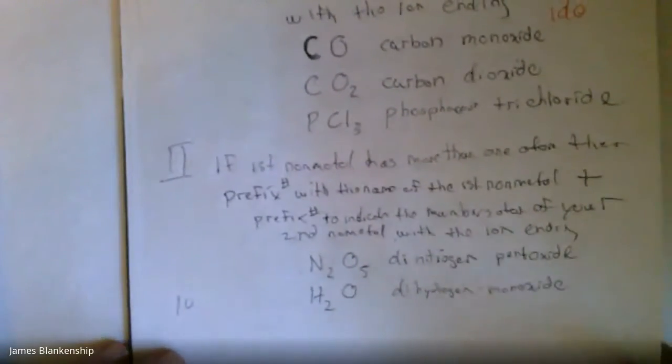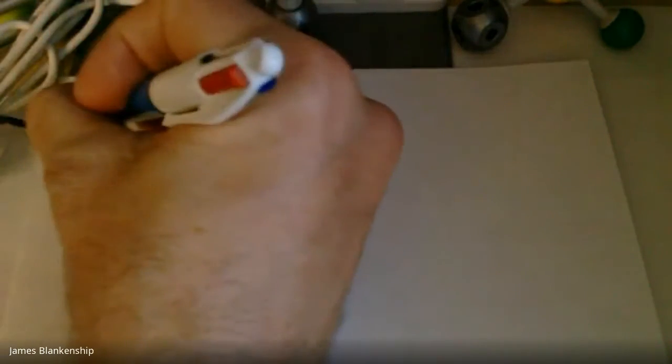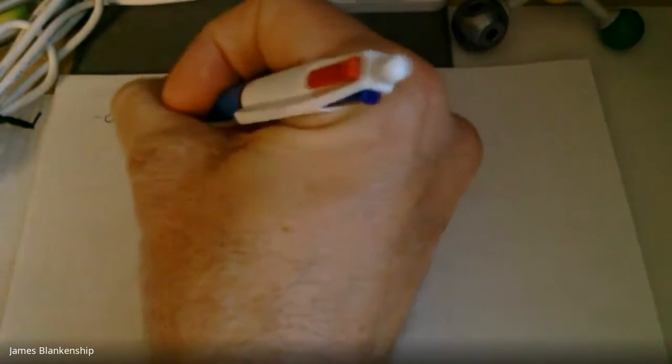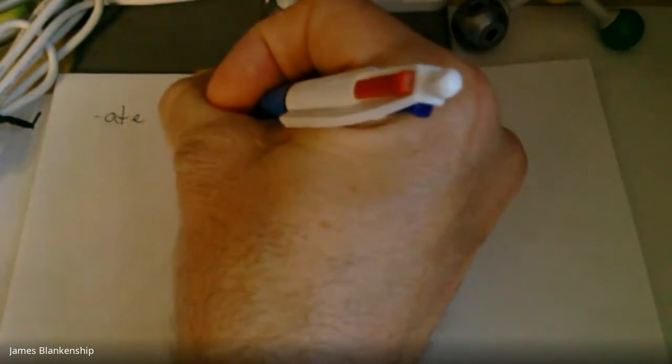So now let's look at our polyatomic ions. Polyatomic ions are atoms that are grouped together that have a charge. The general pattern is that if it ends in ATE, it has more oxygen.